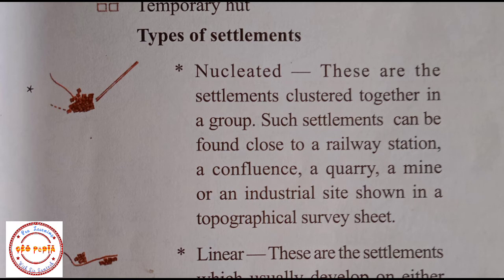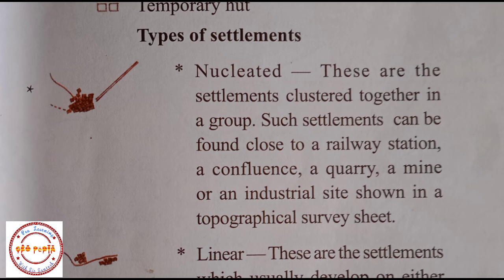Such settlement can be found close to a railway station, a confluence, a quarry, a mine, or an industrial site shown in the topographical survey sheet. So I told you, if any important features are available in a particular region, in that type of region only nucleated or clustered settlements are found.